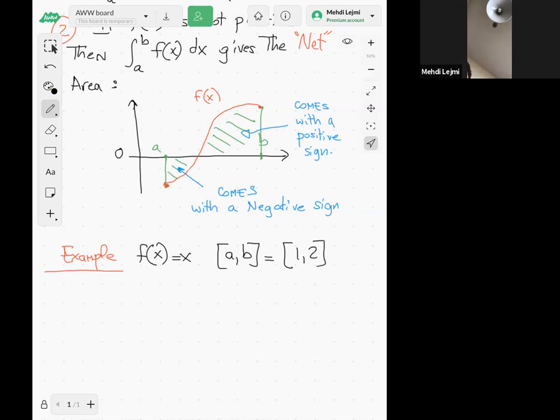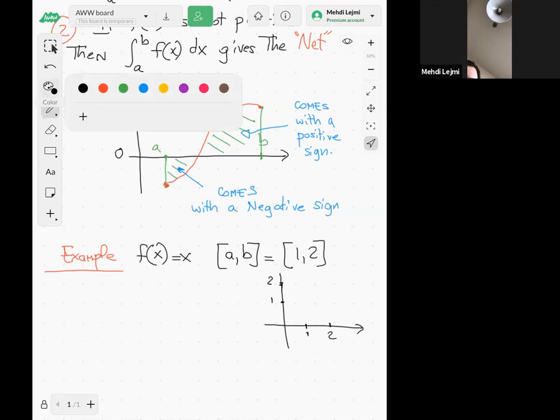So this is 1, here's 2, and you have your function f of x equal to x over the interval 1, 2.